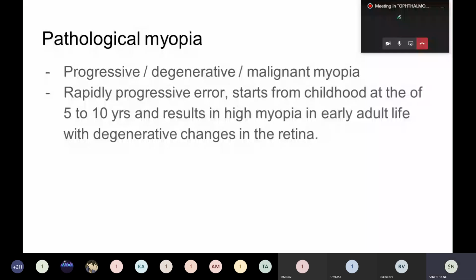While it is progressing, they will have changes in the retina.